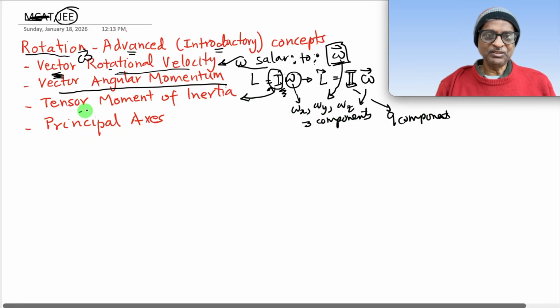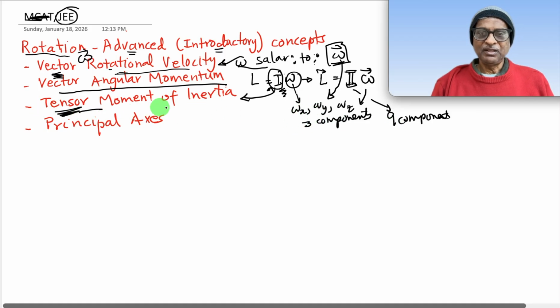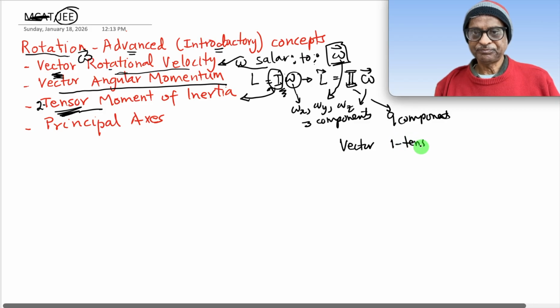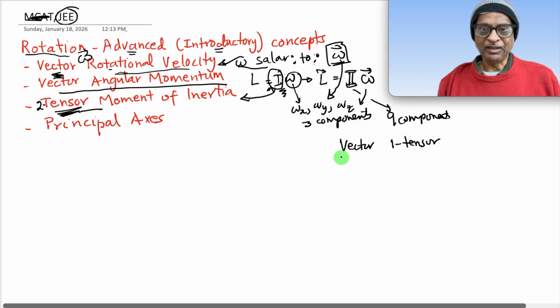We say it's a tensor. The vector has 3 components, and this tensor has 9 components. This is actually something called a 2-tensor. In this language, a vector is a 1-tensor, and moment of inertia is a 2-tensor.